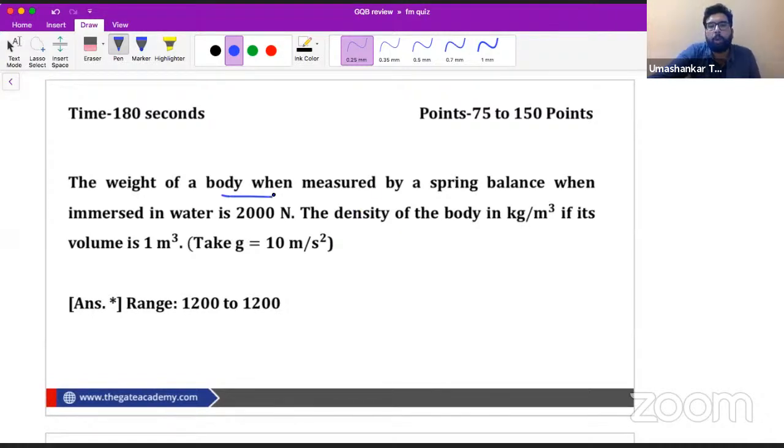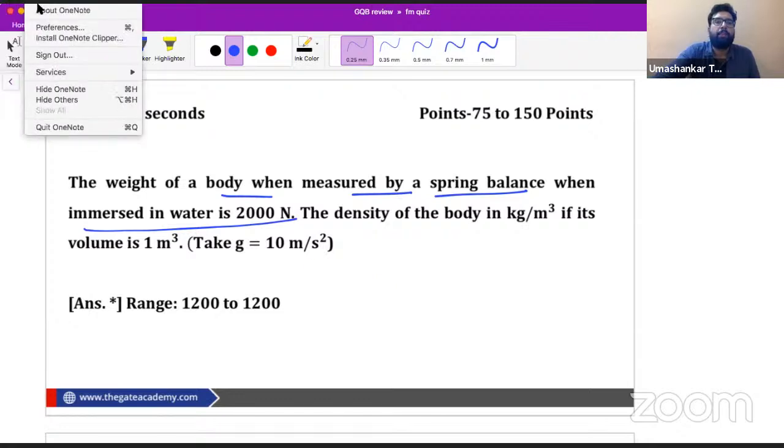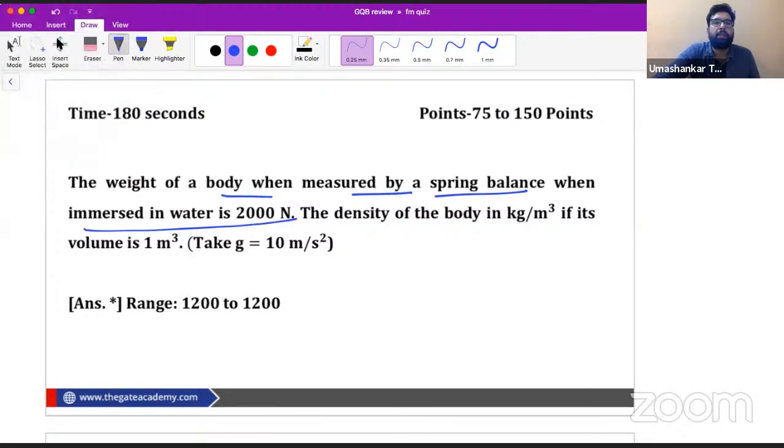The weight of the body, when measured by a spring balance while immersed in water, is 2000 Newton. Means what? When we immerse some body in water, it has some loss of weight.